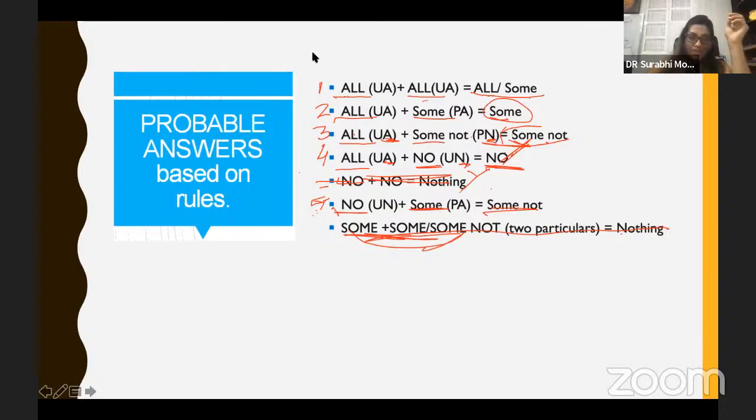That means I have one way of getting an all answer, which is by using all plus all. I have one way of getting a some answer, which is all plus some. I have 2 ways of getting a some not answer. What are the 2 ways? All plus some not, or no plus some.